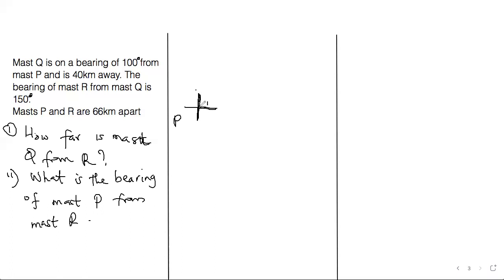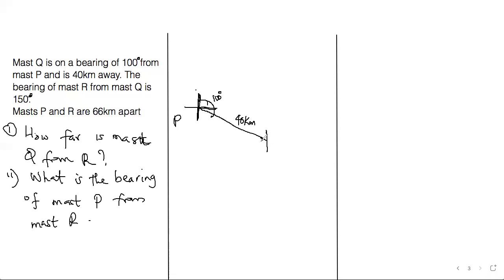This is 90 and 100 should be like that. So this is 100 degrees. Remember, these are not drawn to scale. And it's 40 kilometers away. So let's say this is 40 kilometers.